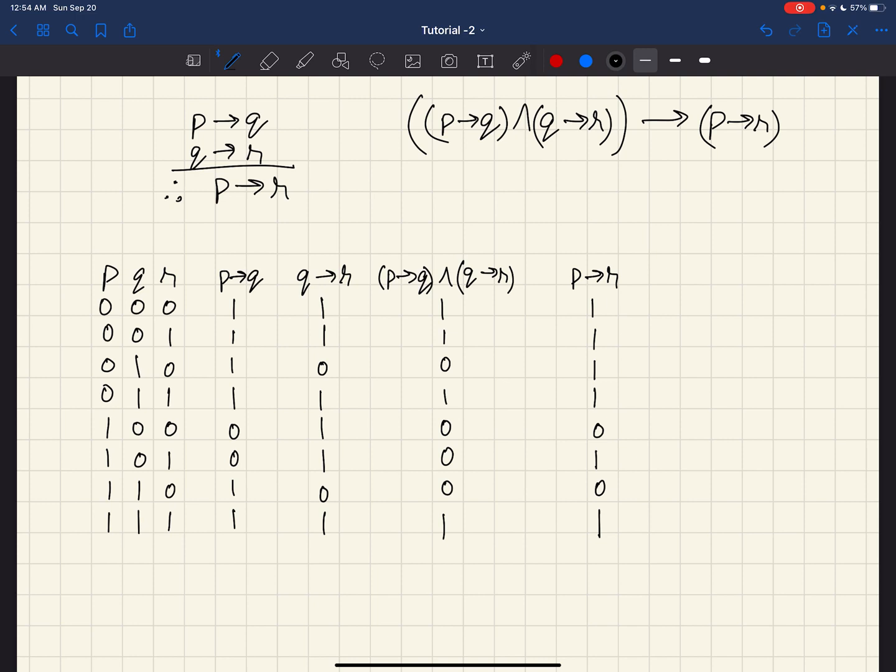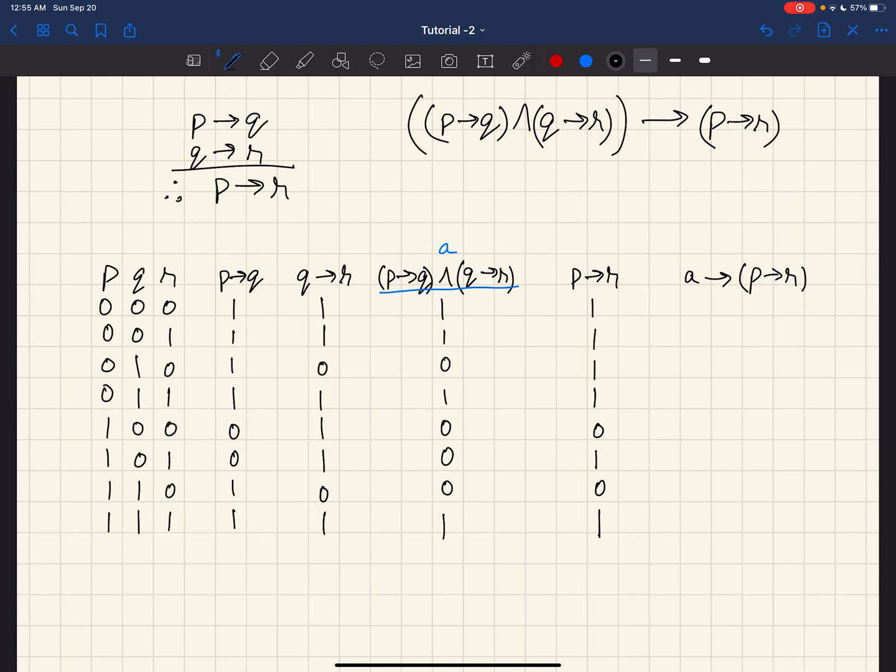Now let's consider this as A. So A implies P implies R. Just for saving some space, I wrote this compound statement as a separate variable. You can choose not to, that's fine.